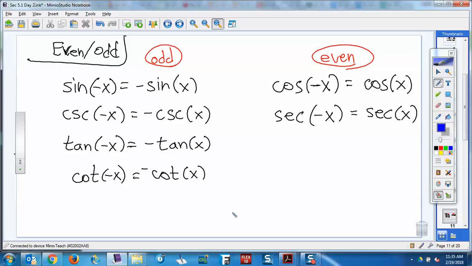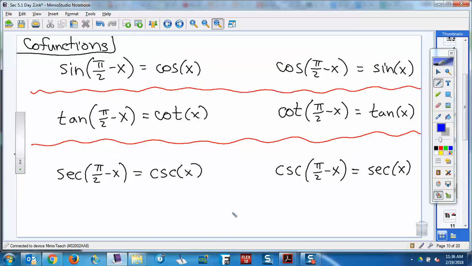Because with even functions, opposites in, you get equal answers out. With odd functions, opposites in, you get opposites out. So sine and its partner, tangent and its partner are odd functions. Cosine is the only one that's an even function, cosine and its partner.